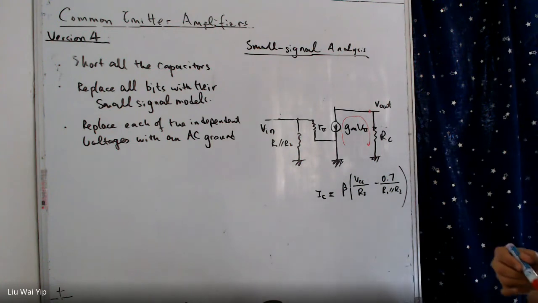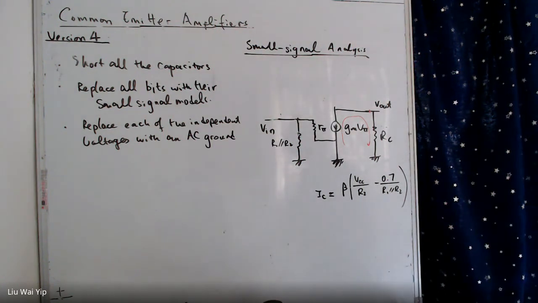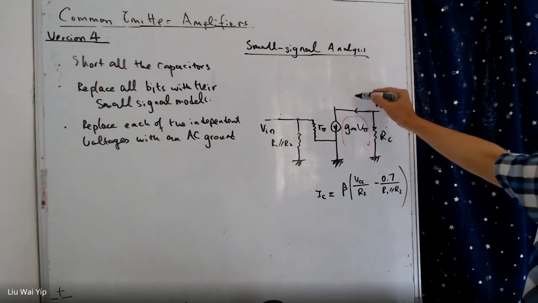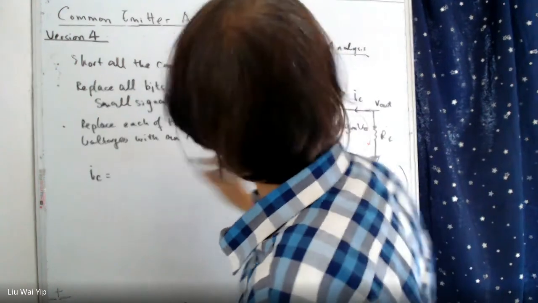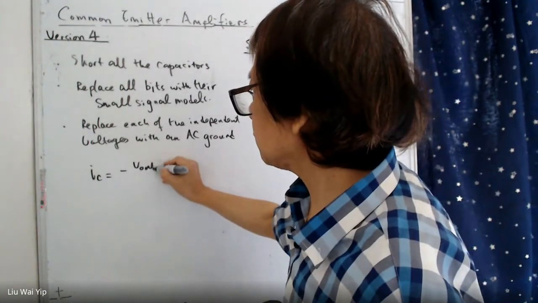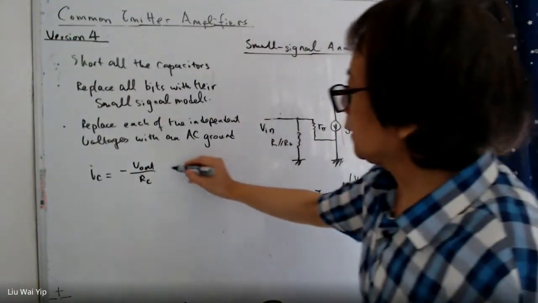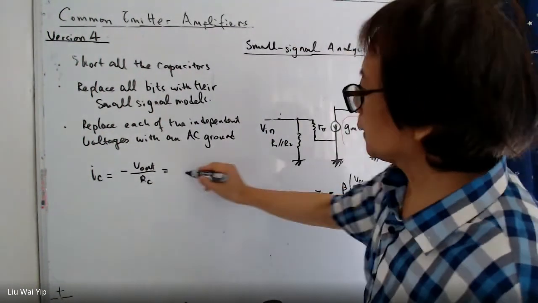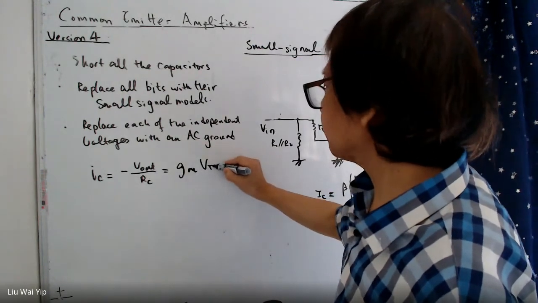At this point, we just calculate the current IC. IC is equal to, according to here, minus VL divided by RC. And it is equal to gm times V pi.